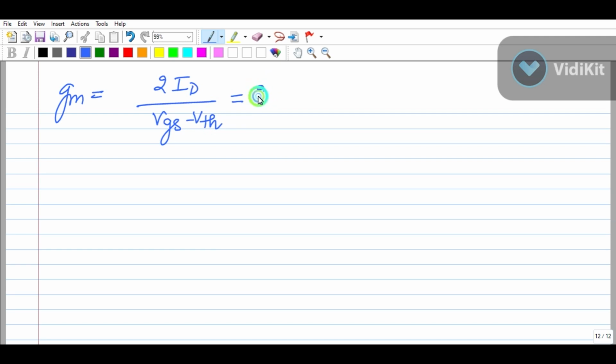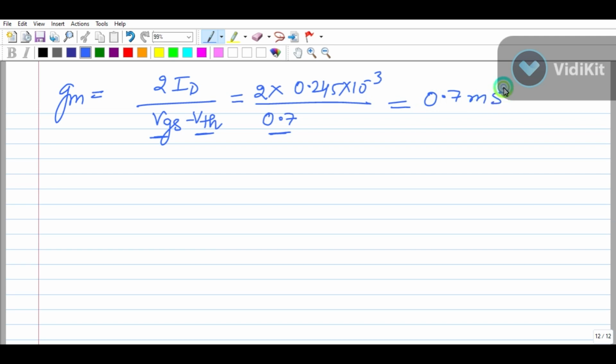ID is 0.245 times 10 to the power minus 3, and this is 0.7. It is 1.2 minus 0.5, so it is 0.7. And after cutting everything, we will get 0.7 micro Siemens. Okay.